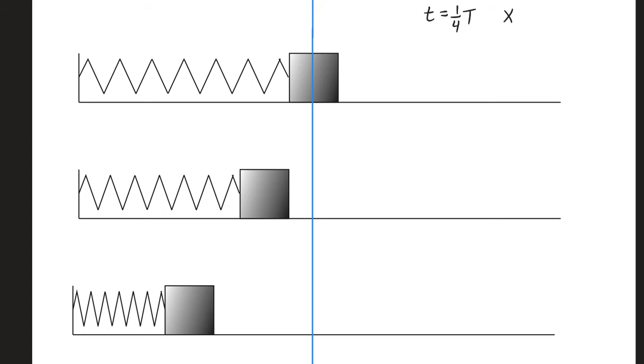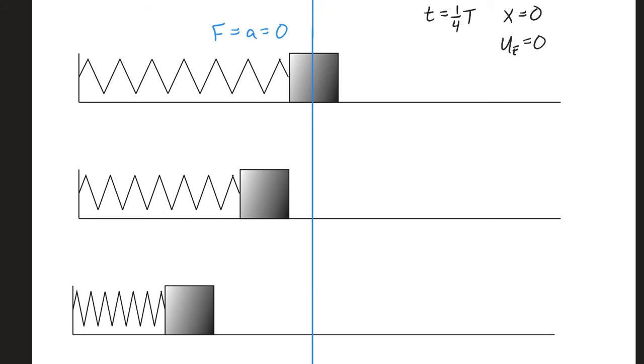At this moment, x equals 0. This also means that there's no elastic potential energy. In addition to that, both force and acceleration are 0. We are at equilibrium. This object is experiencing no force for this instant and no acceleration for this instant.